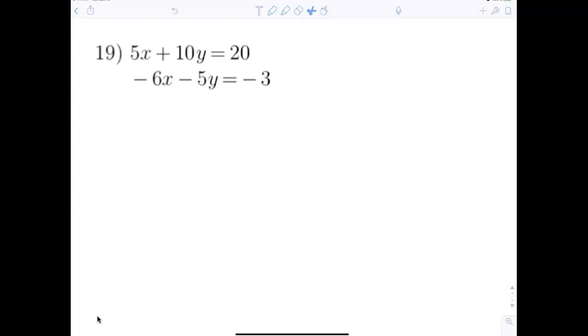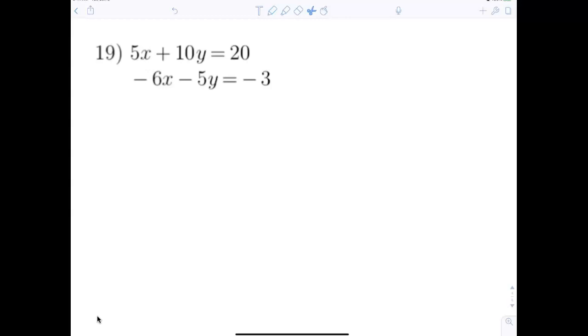Yeah, just creating more work. You just have to look at it and see. If you look at the 5 and say, well, if I multiply that by 2, that's 10.